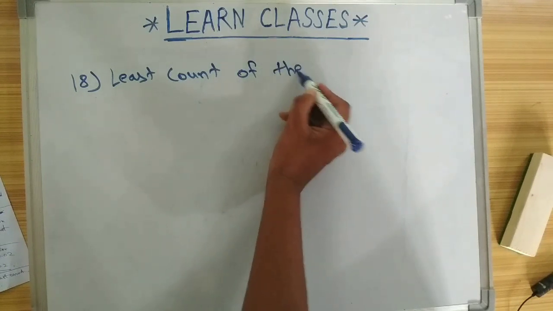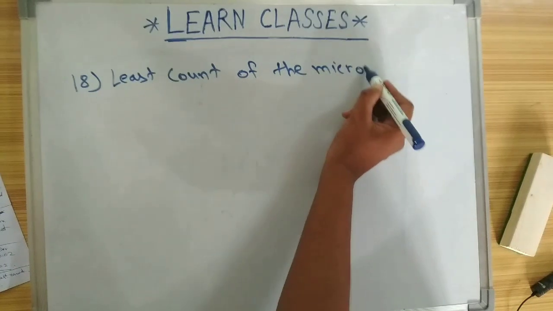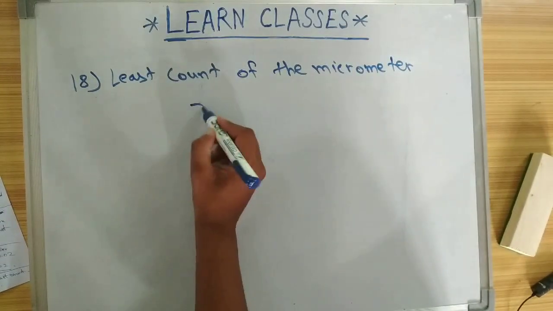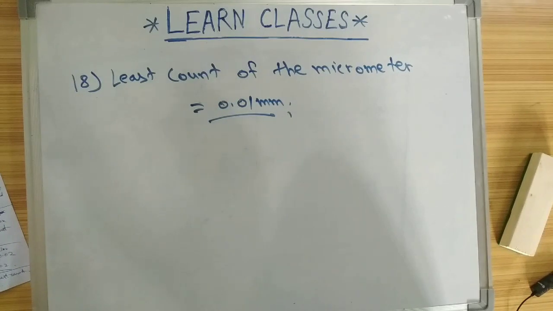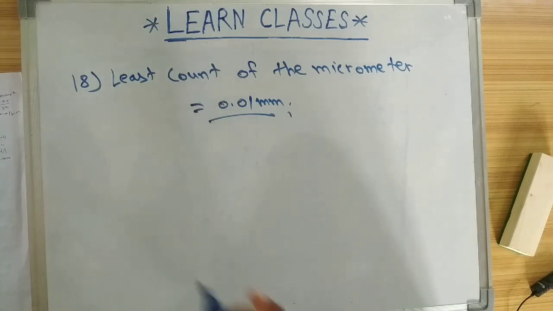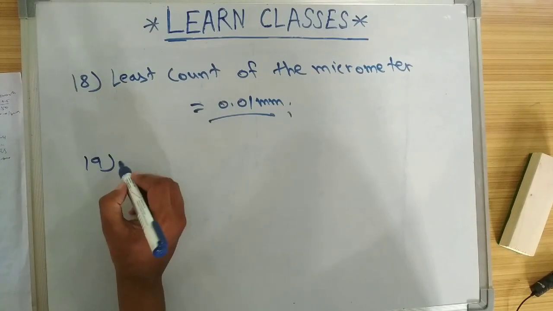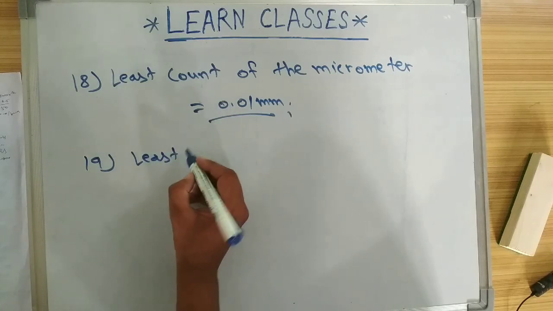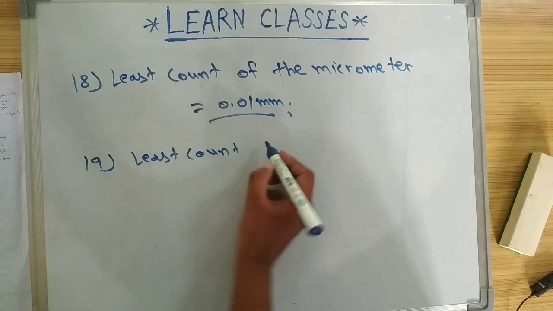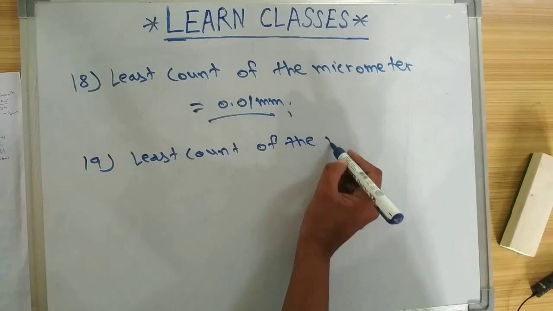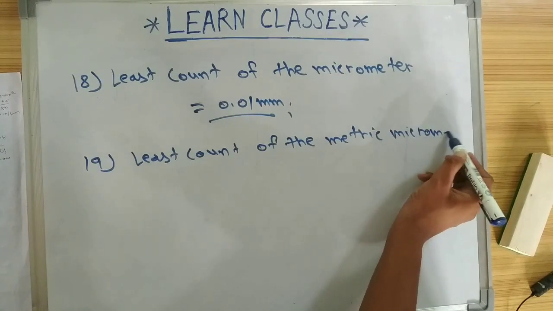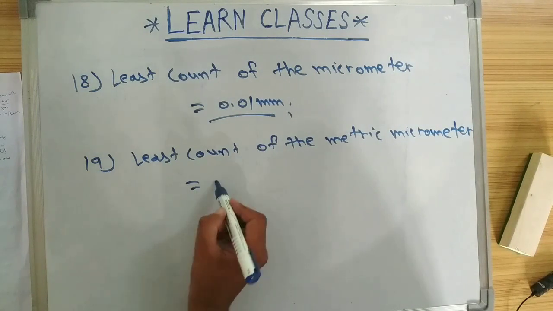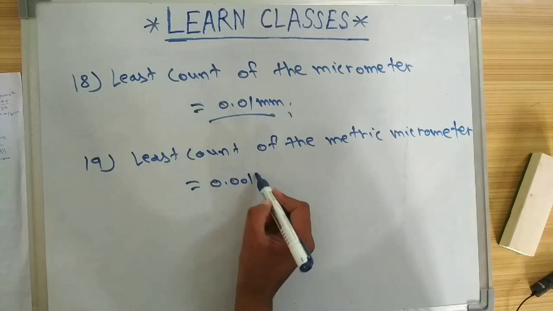Least count of the micrometer is equal to 0.01 mm. Least count of the metric micrometer is equal to 0.001 mm.